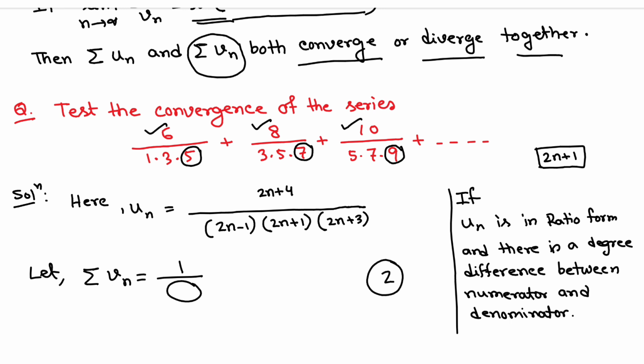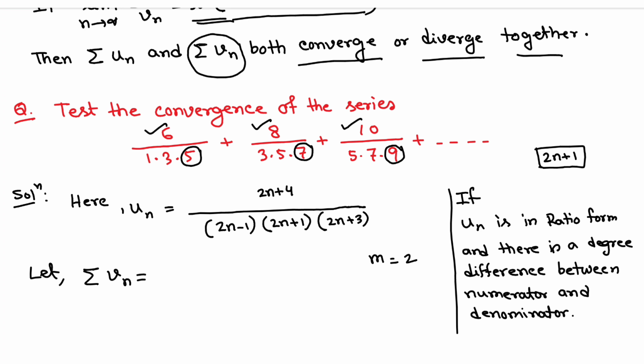Let me explain again. Suppose the degree of the numerator is less than the degree of the denominator by any number, let's say m. Degree of numerator is less than degree of denominator by the number m, and in this problem m equals 2.